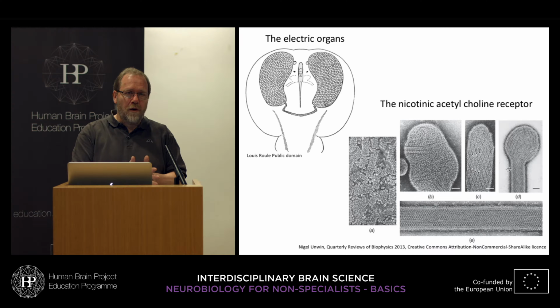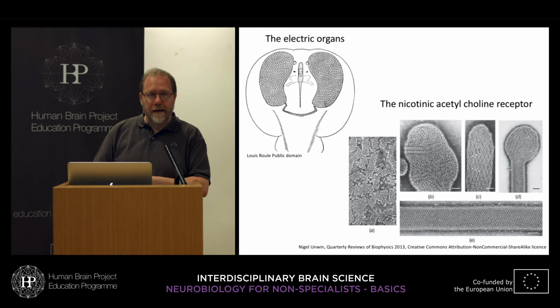These electric organs we find in other fish as well, like some types of eels, and they consist of very, very dense packed nicotinic acetylcholine receptors, and these are ion channels, ligand-gated ion channels.